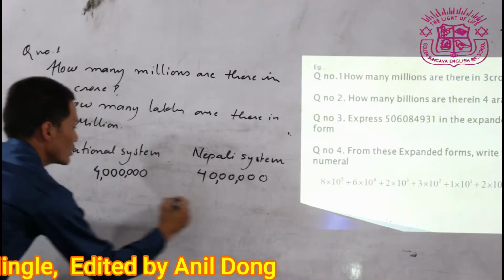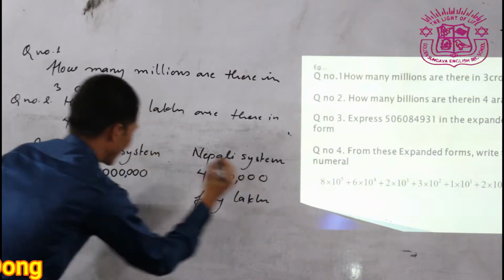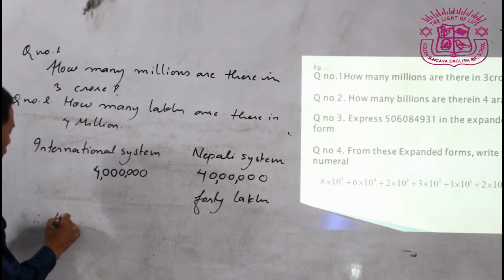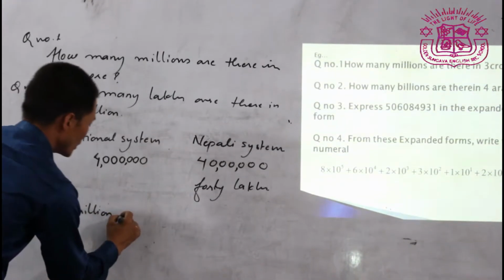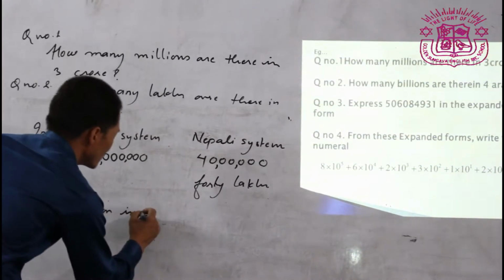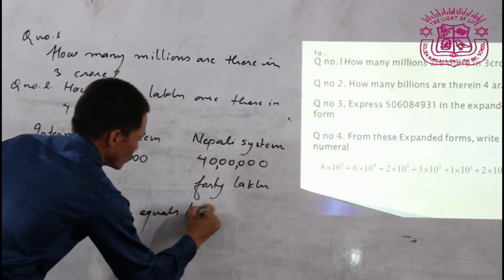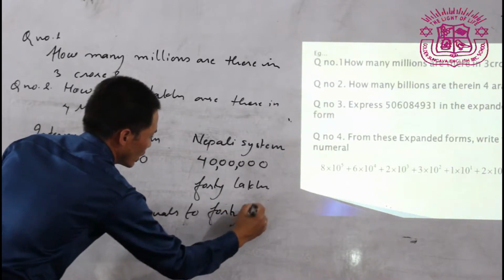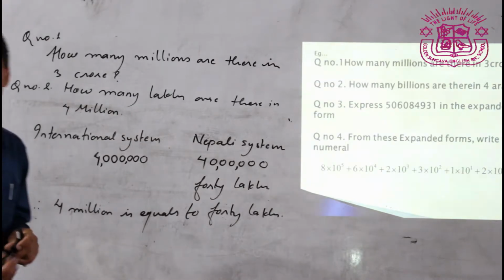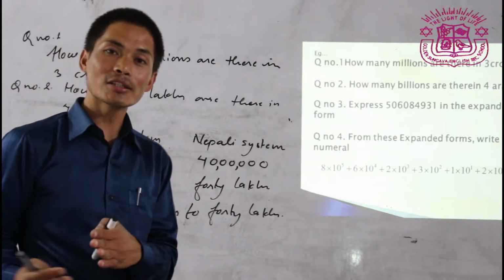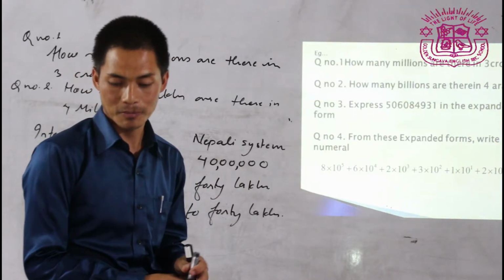Now it is 40 lakhs. Therefore, 4 million is equal to 40 lakhs. In this way we can compare the Nepali number system into the international system, and the international number name system into Nepali system.